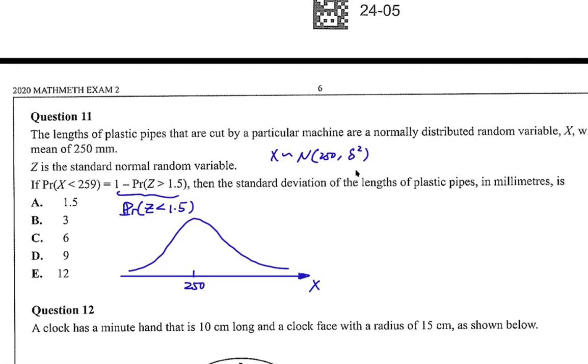Why don't we just draw another number line right beneath the x number line, which represents z values. In the middle, you always have z equal to 0. And let's say 1 standard deviation, 2 standard deviations, 1, 2. Here comes 1.5, okay?